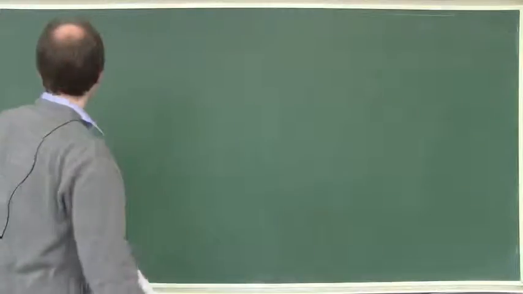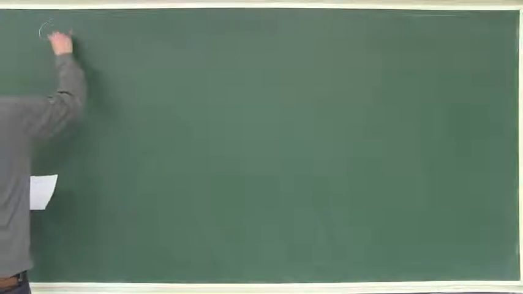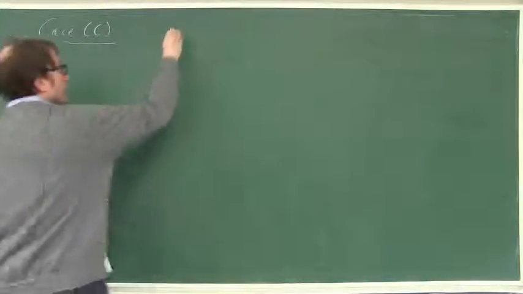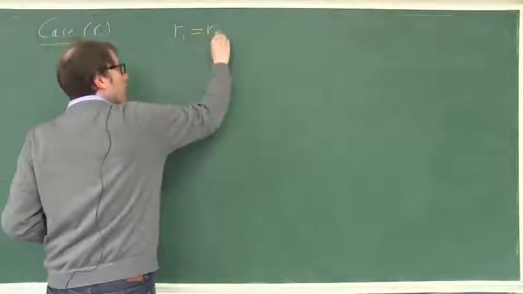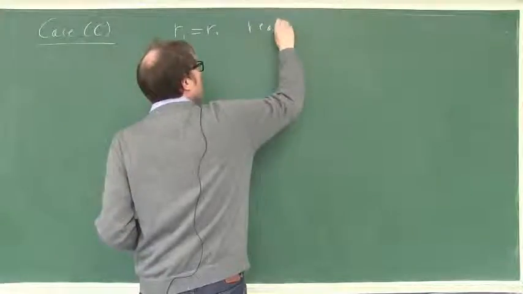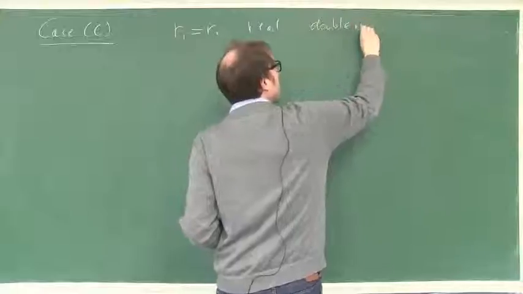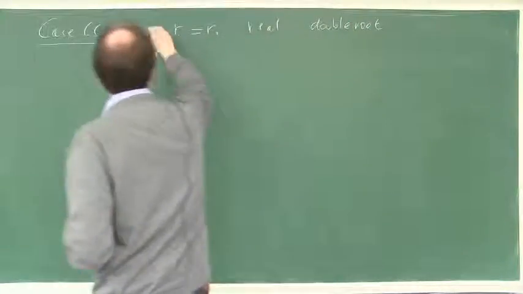So we come to the last case. This is case C. This is a case where r1 is equal to r2, so this is a real, if you like, a double root. Call it r.